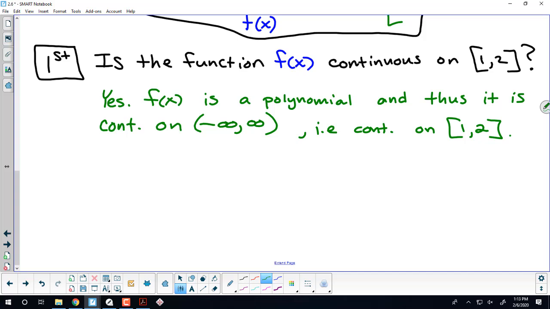All right, so we've got the hypothesis of the theorem out of the way.